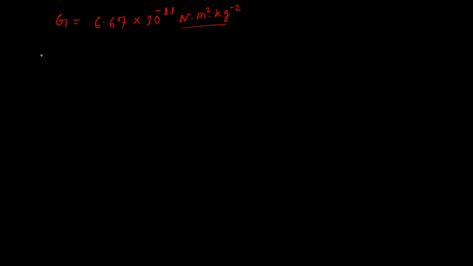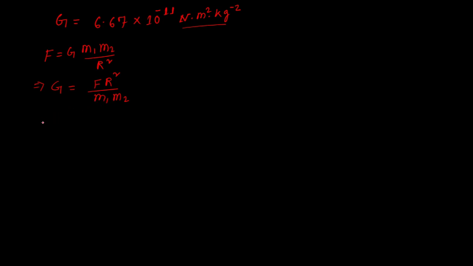Let's do this. We have Newton's law of gravitation as F equals G m1 m2 upon r square, and this gives G equals F r square upon m1 m2. Then we readily find that the unit of G depends on the unit of force, the unit of distance square, and the unit of these two masses.